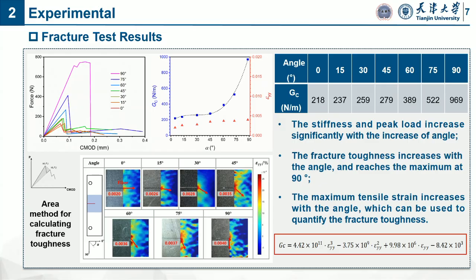The GC is measured by the area method for calculating fracture toughness. The stiffness and peak load increase significantly with the increase of angle.